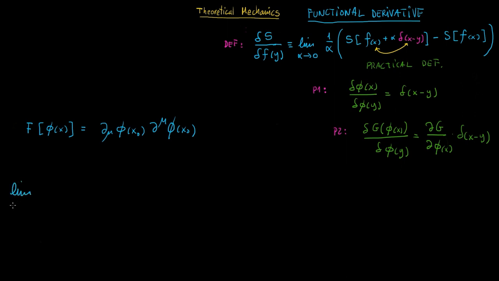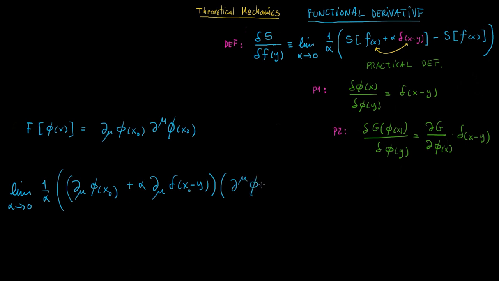So if you perform the limit when alpha goes to 0, 1 over alpha of partial mu phi of x0 plus alpha partial mu Dirac delta with x0 here, this times partial mu phi x0 plus alpha partial mu delta x0 minus y, minus partial mu phi x0 partial mu phi x0.